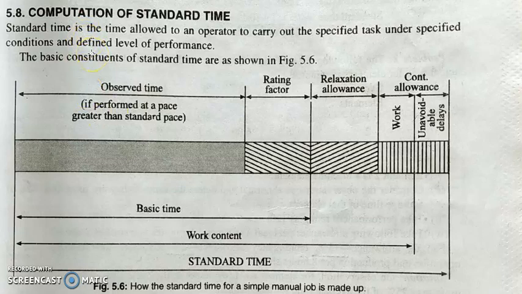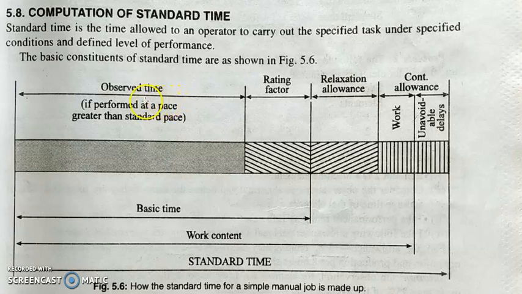There are two principal methods of noting the time with respect to a stopwatch: cumulative timing and flyback timing. Usually in the cumulative timing method, we run the watch continuously throughout the study, and it is started at the beginning of the first element of the first cycle, and then it is not stopped till the whole task is completed.